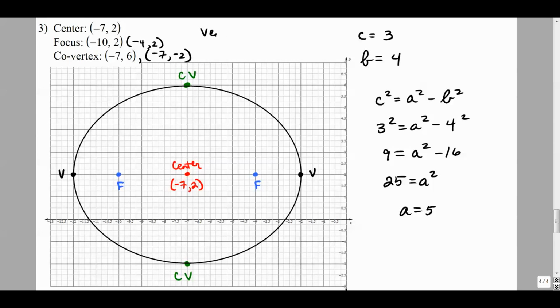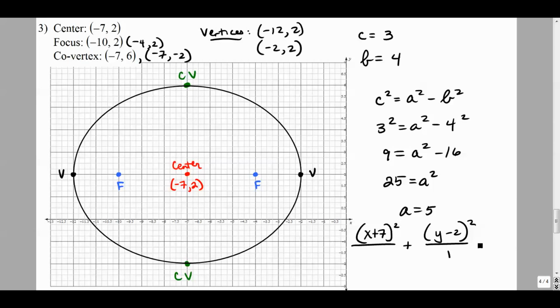And your vertices are -12, 2 and -2, 2. If you want to write your equation, which usually is a good idea, it's x plus 7 quantity squared and y minus 2 quantity squared, and we just set those equal to 1.